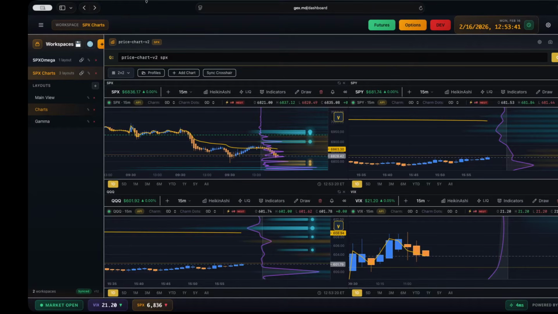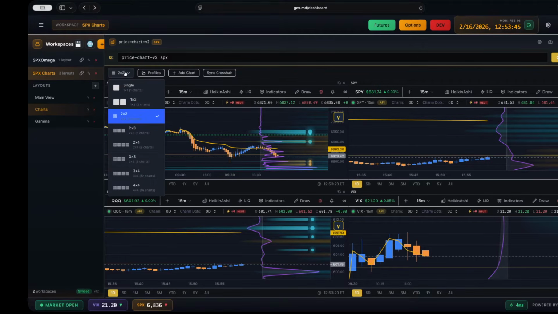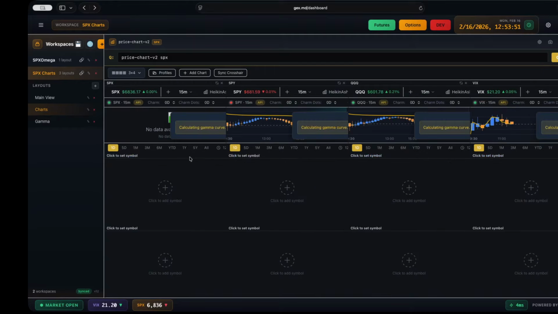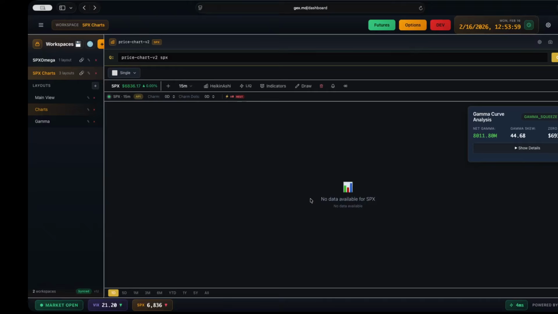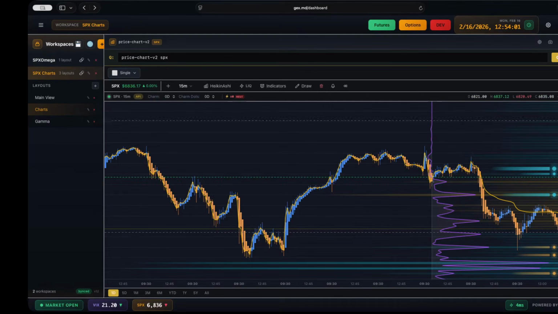You can open as many tabs as you want, and then you can use it. If you have a larger screen, you can open any amount of charts you want. You can use a single one, or you can use 16, no matter.